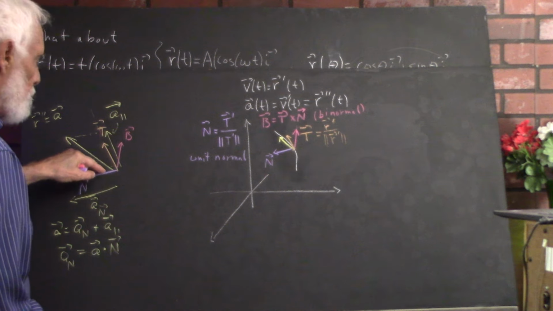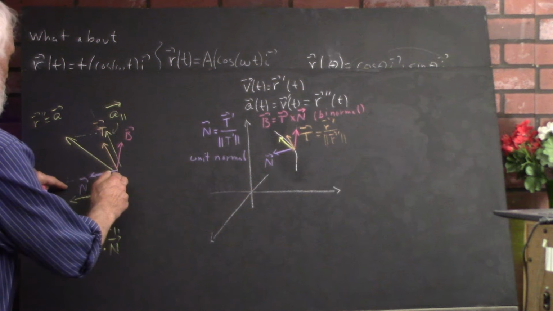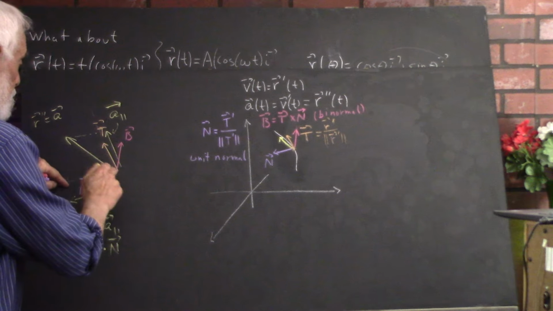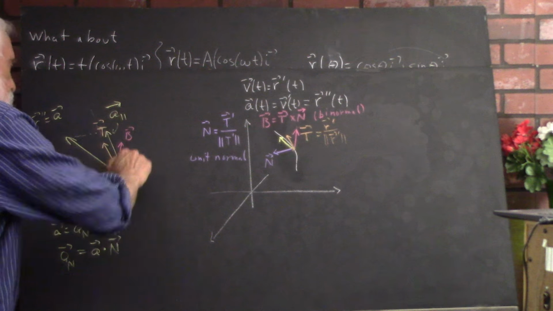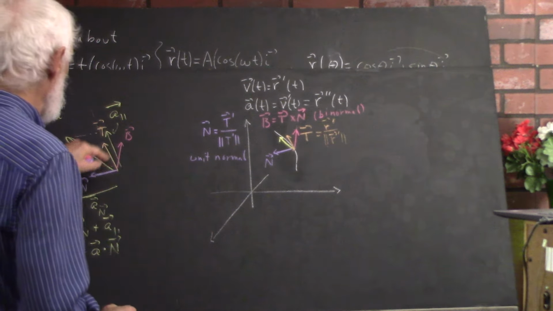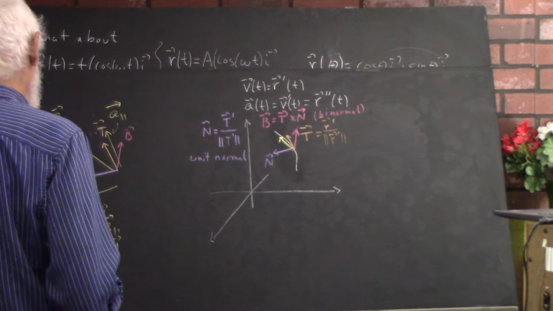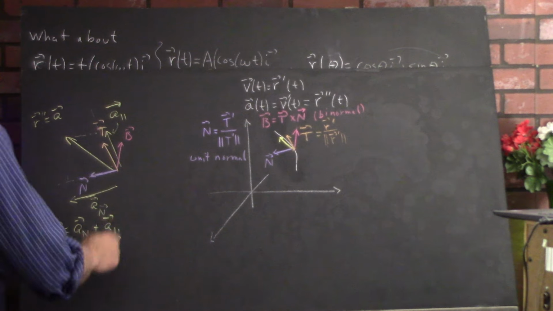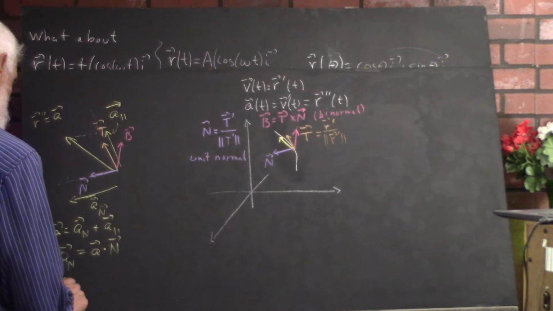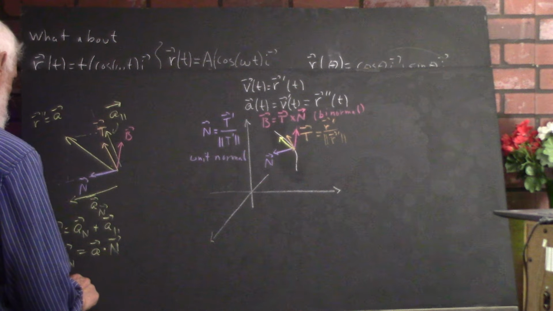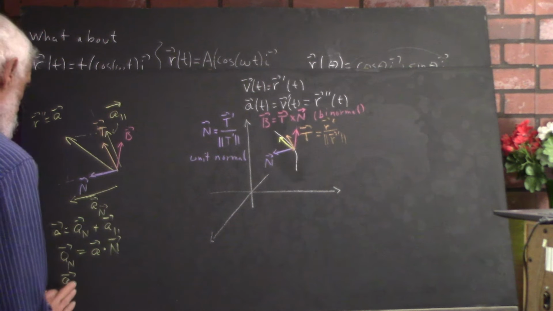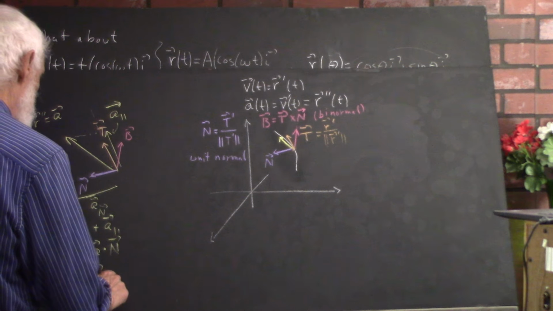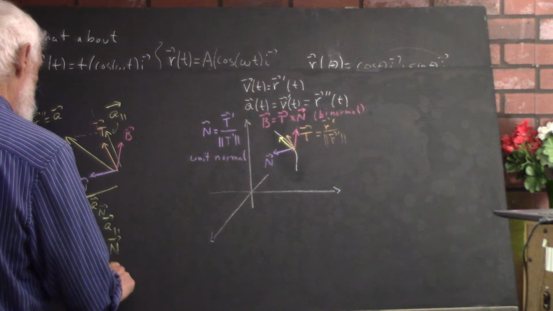If this is your angle between A and N, then this is the magnitude of A times the cosine of this angle. This is the adjacent side to this hypotenuse. And this is the opposite side to this hypotenuse if this is the angle. Just same thing for the tangent vector. For the parallel component, A parallel is A dot T.